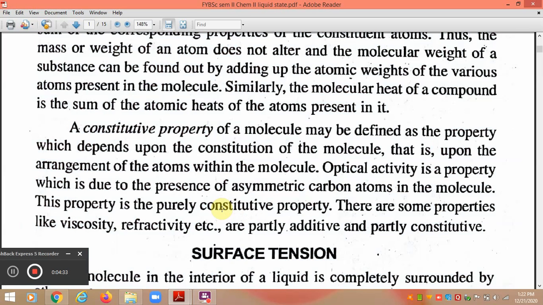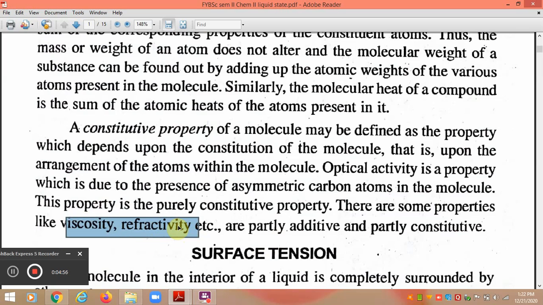But dear friends, there are some properties which are partly constitutive and partly additive. These are very important. These are properties which depend upon the sum of corresponding properties of all atoms as well as the arrangement of atoms in the molecule. These properties are viscosity and refractivity.